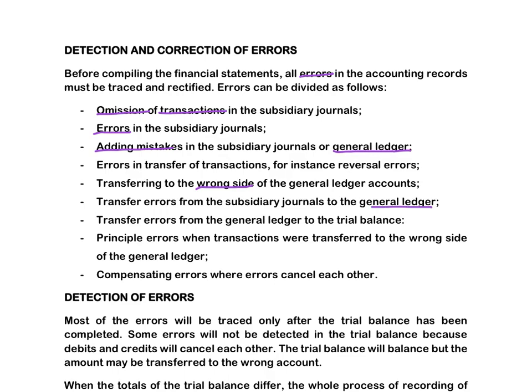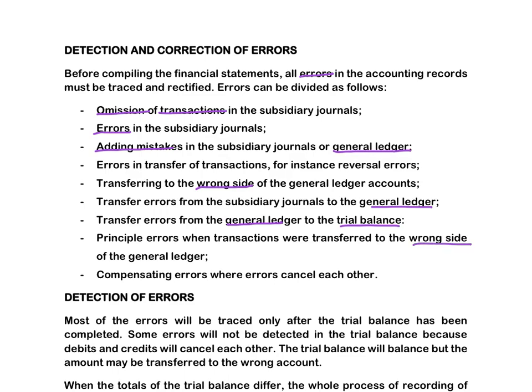So it's correct in the subsidiary journal, but you make a mistake when you transfer it to the ledger. Transfer errors from the general ledger to the trial balance. So there's no mistake in the ledger, but when you record the balance in the trial balance, you make a mistake. Principal errors where transactions were transferred to the wrong side of the ledger accounts.